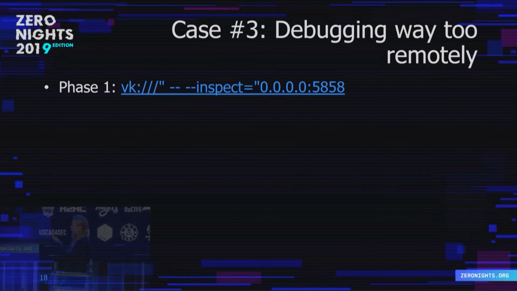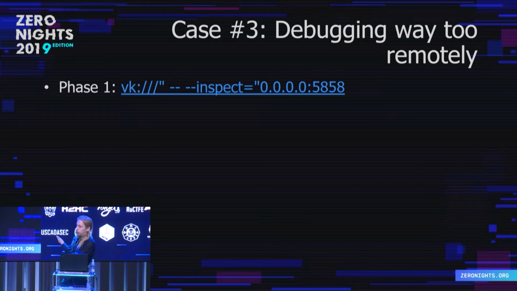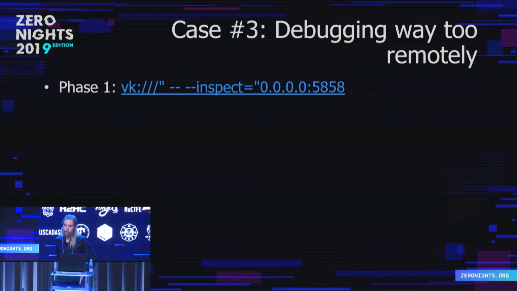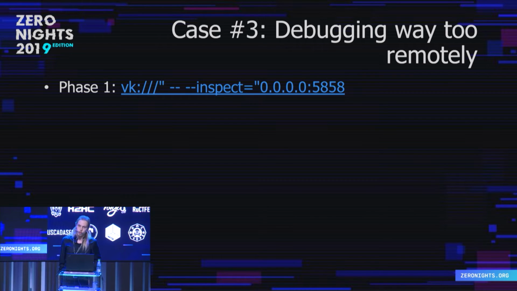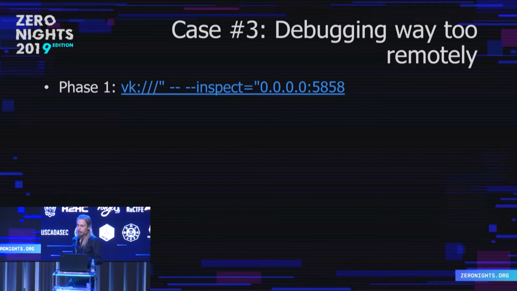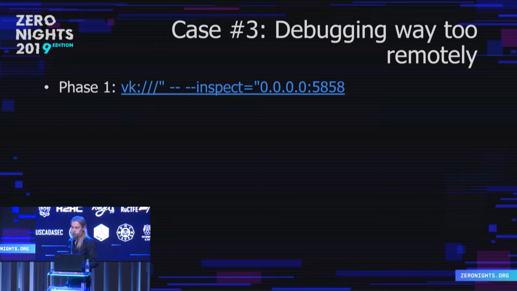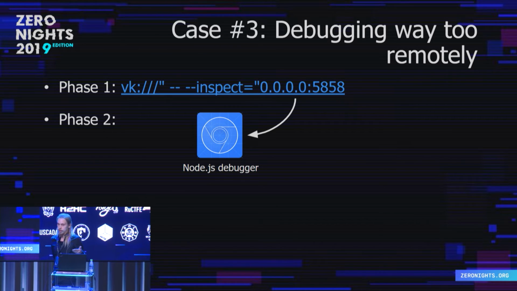So for one last time, let's go through the exploit flow. Here's the crafted URI. This one's for VK Messenger. There's the double quote, a space, 2 dashes, and then the inspect switch. We are binding to 0.0.0.0 in order to make the debugger public. And once you click on this, the value of inspect gets passed to the Node.js debugger.